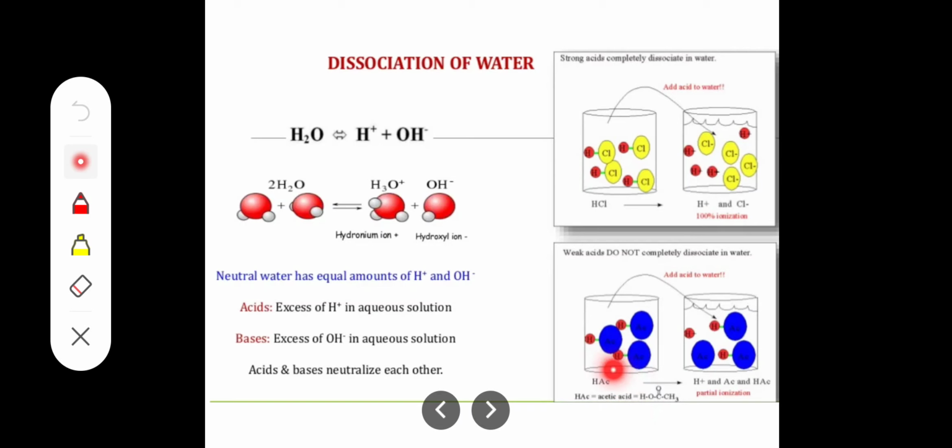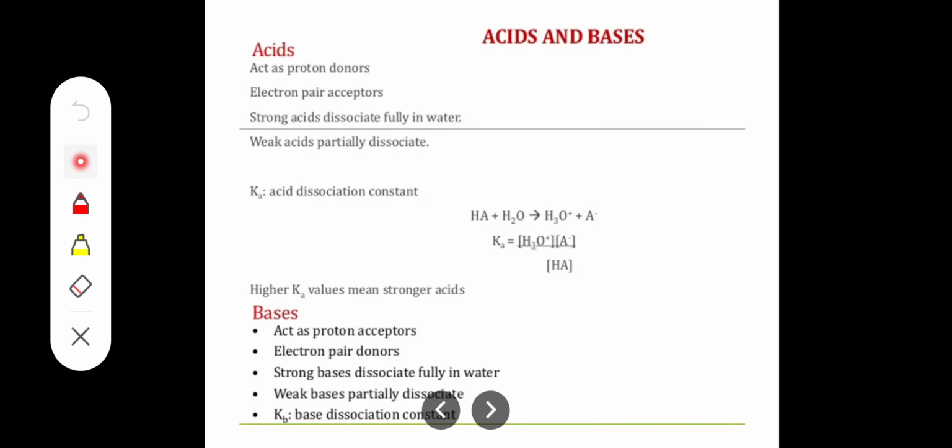So CH3 and COOH, you can see here, whenever we add it into the water, there are different types of ionization, hydrogen and acetate and so on, right? So it is going to partially ionize. The ionization is partial, not complete. So the concept is that strong acids dissociate or ionize completely, weak acids dissociate or ionize partially.